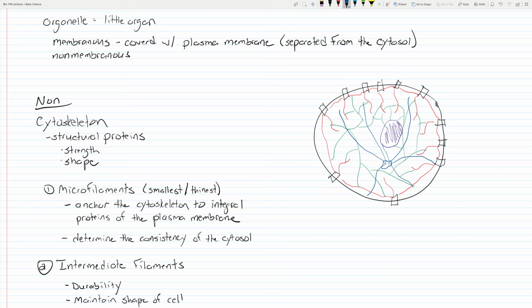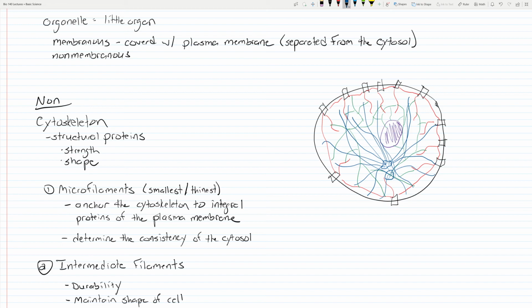These are the largest of the cytoskeletal elements. Usually there are two spindle apparatuses, and they just send out microtubule projections, one side or the other.